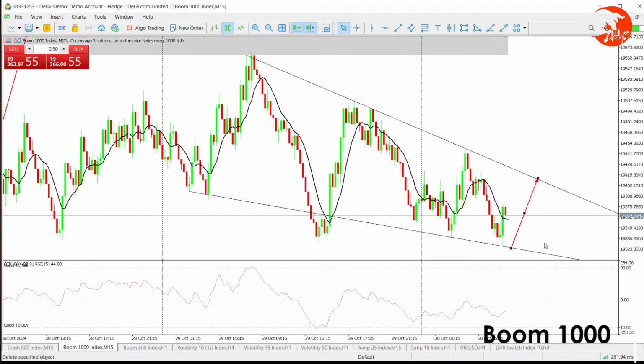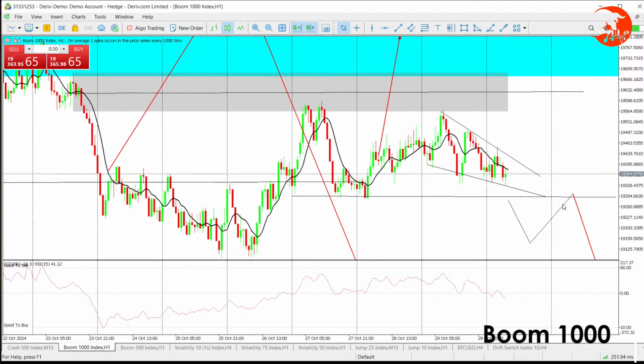But remember, most of the times I told you always anticipate manipulation. So you may see something like that, a fake breakout there, then later on it comes back inside and continues to break the other side.